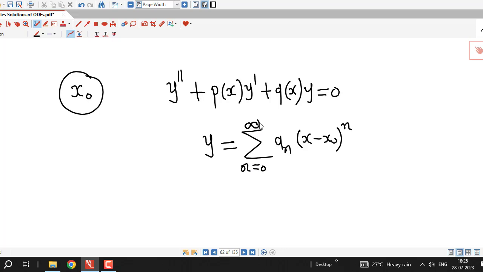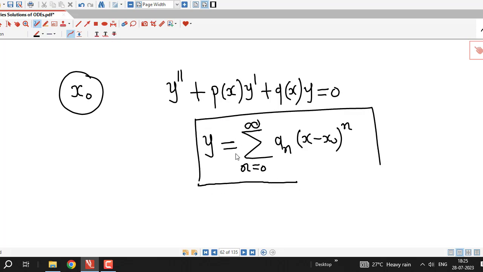And we have seen enough problems of this type in which we have obtained the power series solution if x0 is an ordinary point of this type of differential equation.